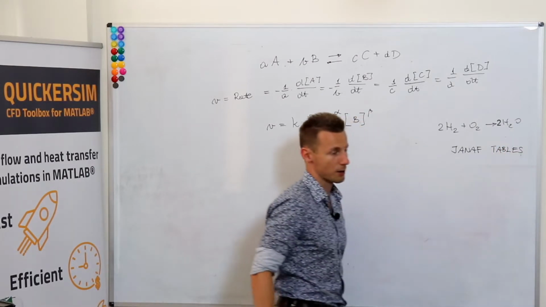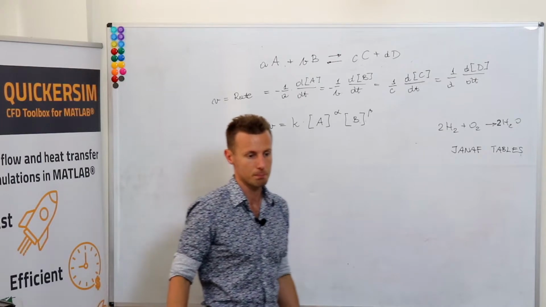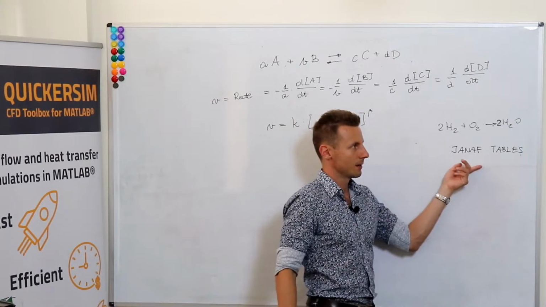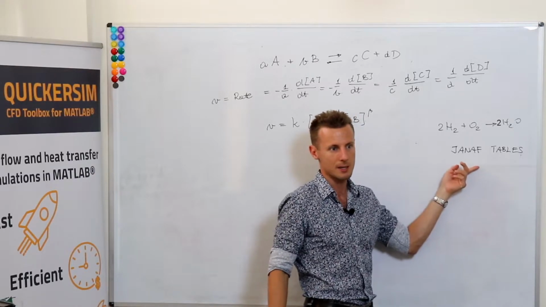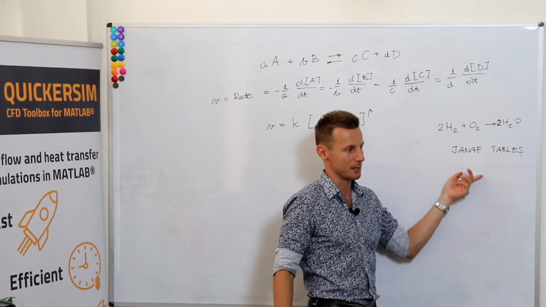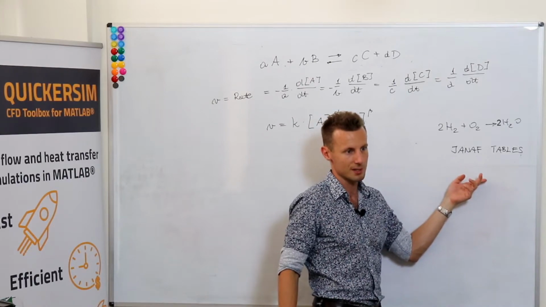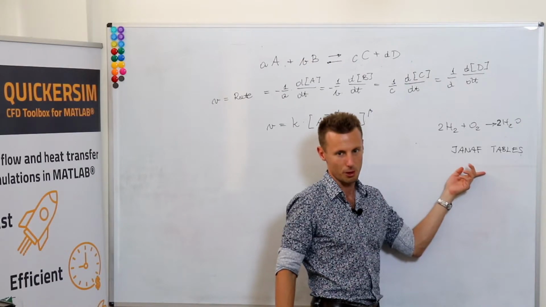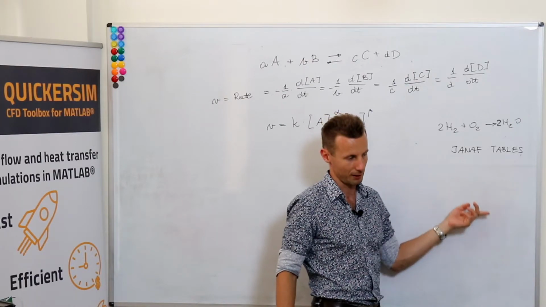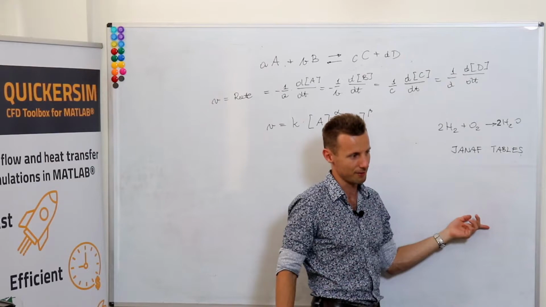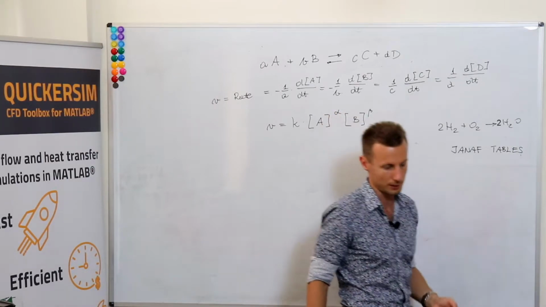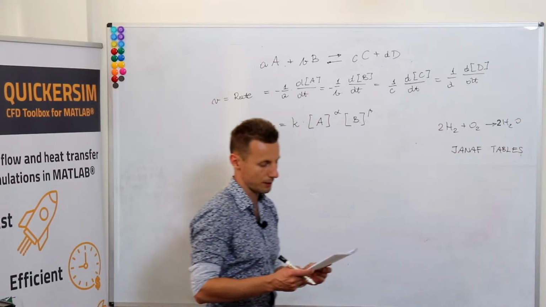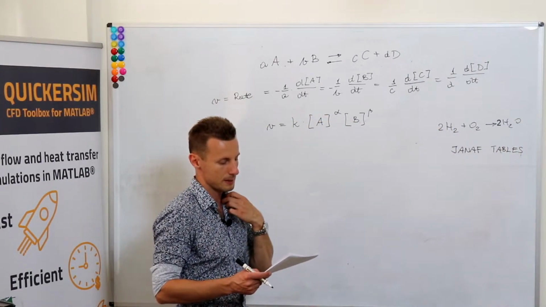Really a huge collection of, I think, like 1,000 pages of data, formation enthalpies, heat capacities for many, many components, from temperatures ranging from, I think, almost 0 Kelvin up to, I think, 2,000, 5,000 Kelvin or something like that. It's a really huge collection of thermochemical properties.